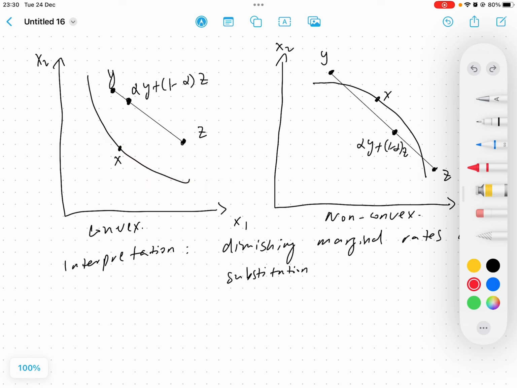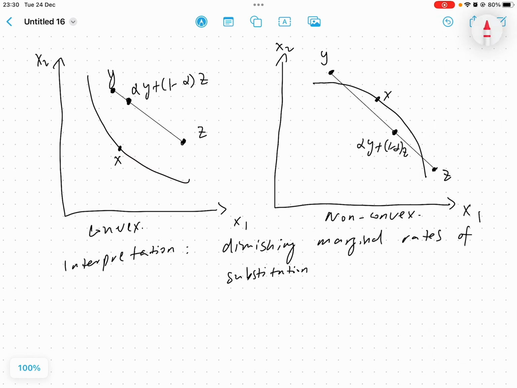That's the interpretation of this point. We might also have other interesting interpretations regarding this property, but we won't exhaust all of those explanations. You could read the textbook in this chapter.